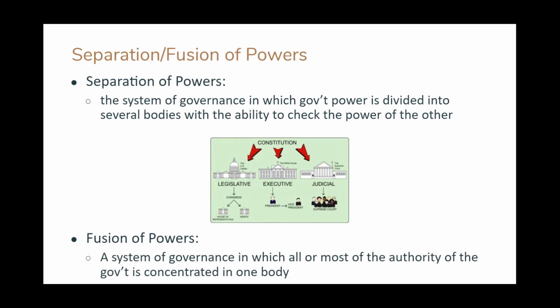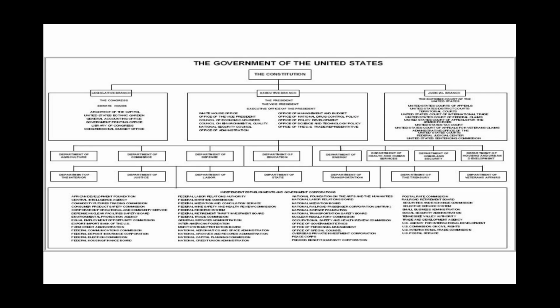All right. A second term on this is called fusion of powers, and we see this within the UK. It's a system of governance in which all or most of the authority is concentrated in one body. This is a term that we'll use a lot when we get to the UK, but you could also think about it when you get to some of the authoritarian regimes, because it might apply there too. And again, this is just another way to show the U.S. system because I think it's the easiest for us to think about.